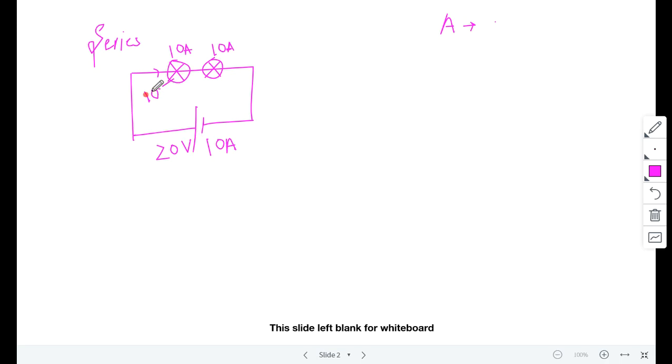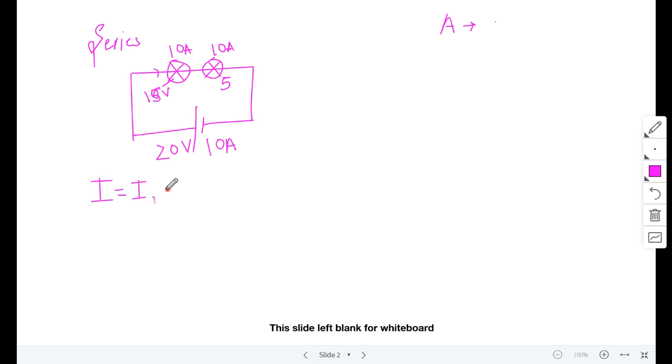You can say here it's 15 volts and here it's 5 volts, which means if you add up the voltage of every component, you will get the total voltage. So if there was another one, say 5, 5 and 10, it would add up to 20 volts.